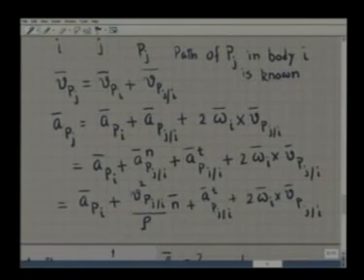As we will see later, these two equations, one for the velocity and one for the acceleration, will be very useful for carrying out kinematic analysis of planar mechanisms, particularly when one rigid body is guided along a given path in another rigid body.